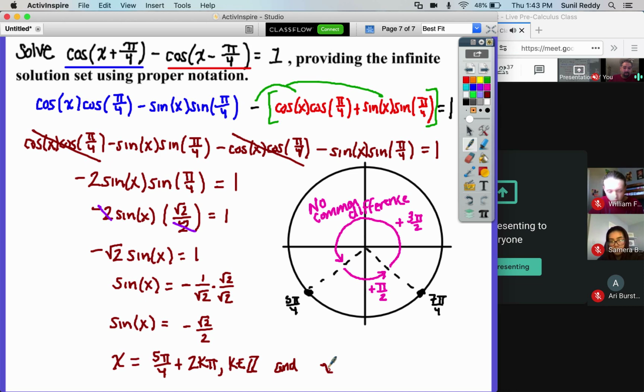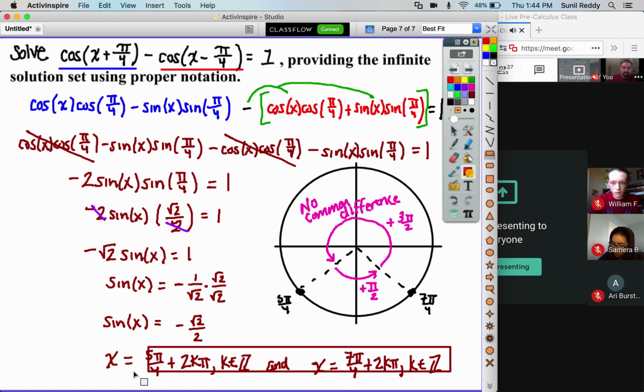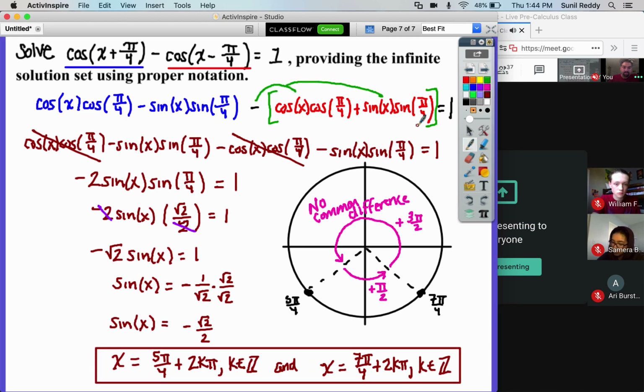I also would have to represent all the quadrant 4 answers, so x also equals 7 pi over 4 plus full circles on top of it or subtracted from it, so plus 2k pi, where k is in the set of integers. So these are my infinite solution sets. Questions there?